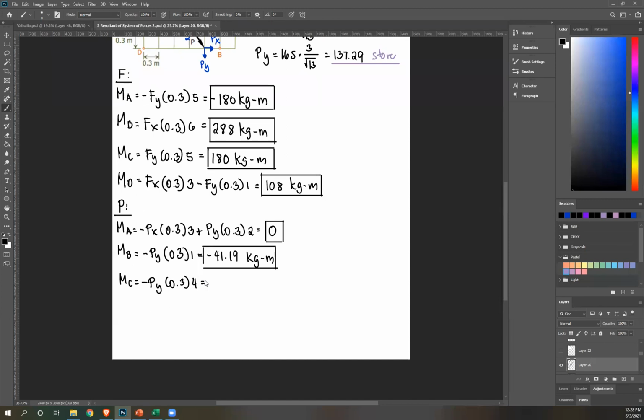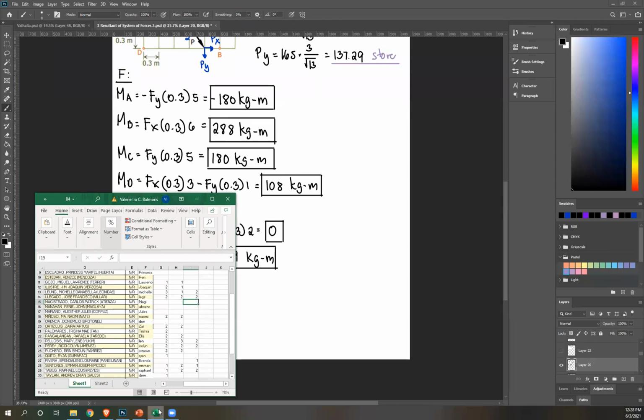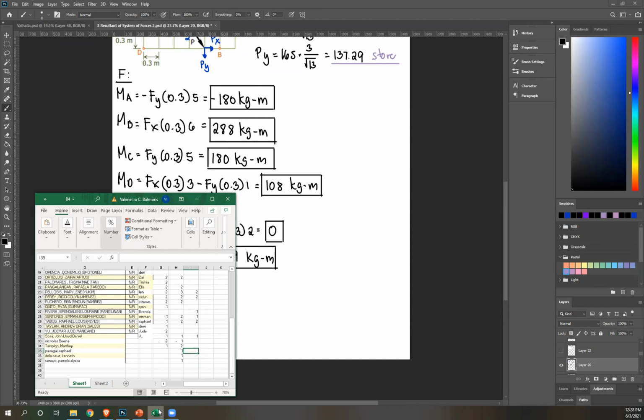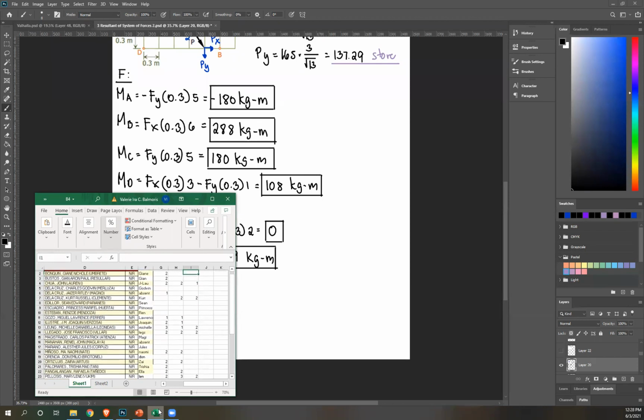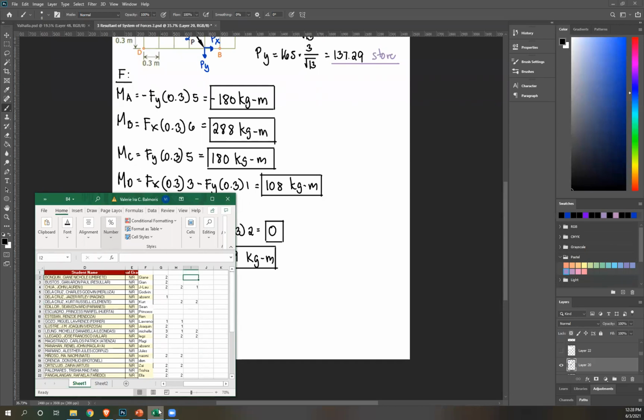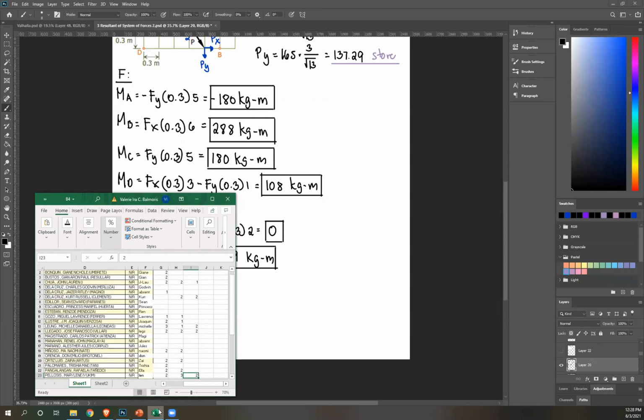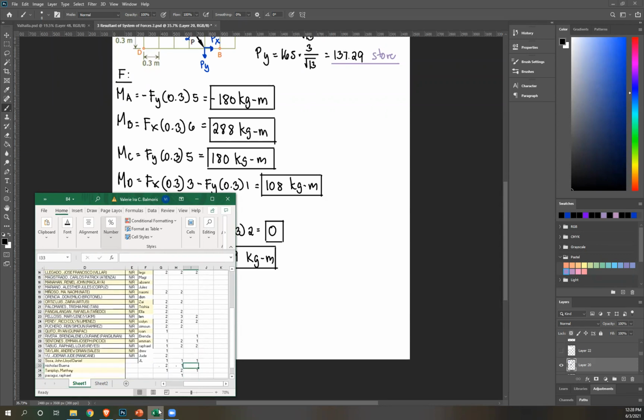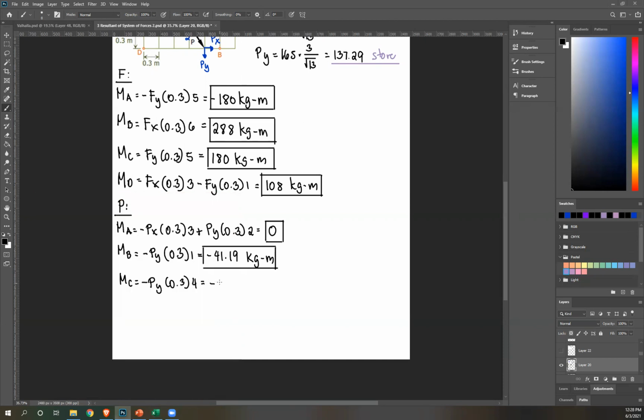Correct, Nicolas and Matthew. So MC is once again negative 164.75.